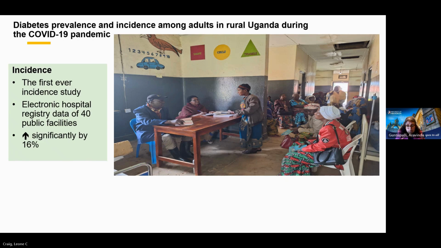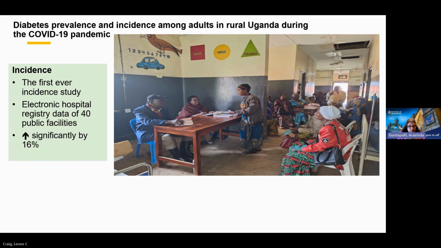We realized that there was never an incidence study of diabetes in Uganda. We could not really get a lot of funding, as this was during the COVID-19 pandemic. So we collected electronic registry data from 40 public health facilities, looked at new diabetes cases and created a registry. We showed that diabetes increased significantly, by 16%, during the COVID-19 pandemic in rural settings.